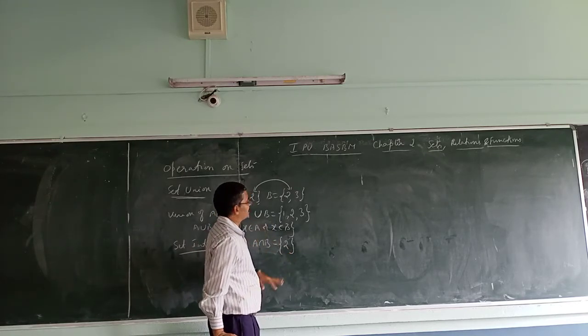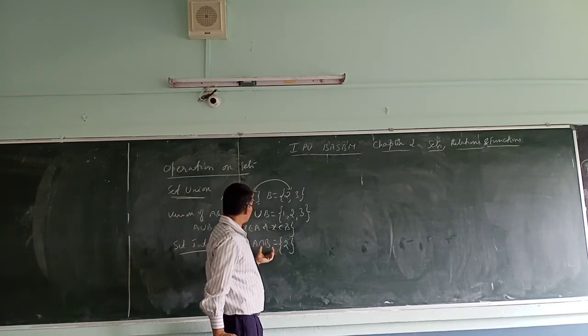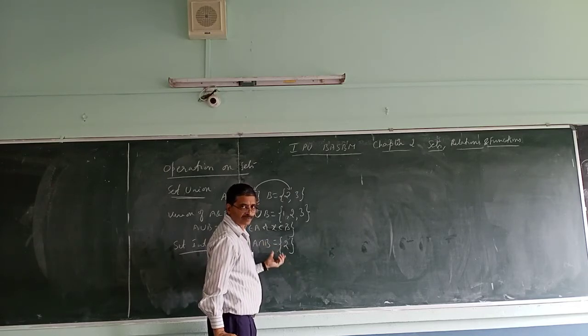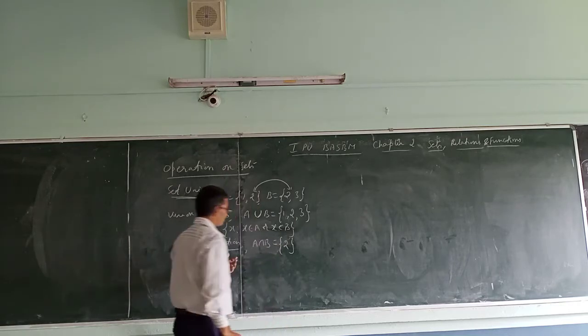So A union B is a set. A intersection B is again a set, and it will contain common elements. So what is the generalization?